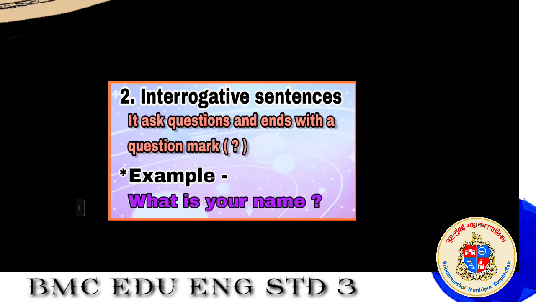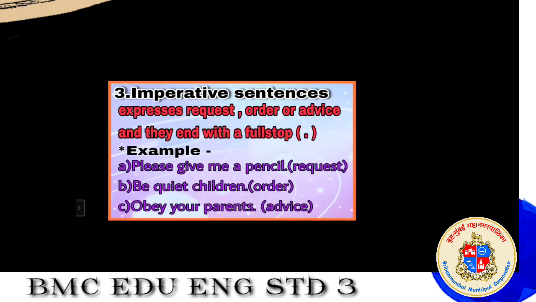Now next, children, the third type of sentence is imperative sentences. Imperative sentences express a request, order, or advice, and they end with a full stop, like assertive sentences.